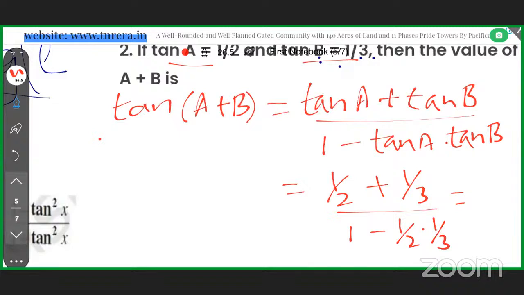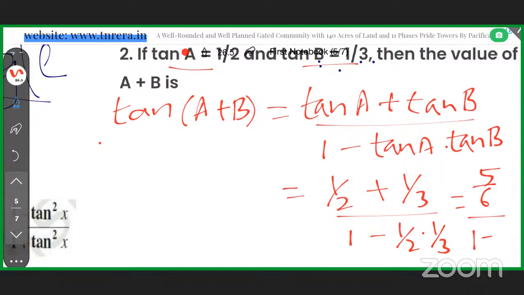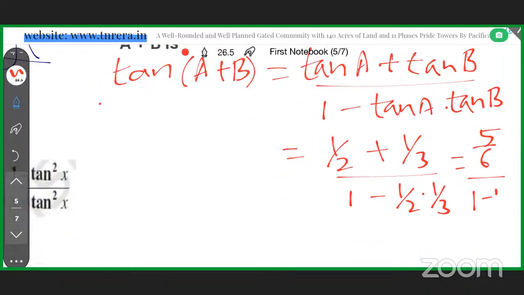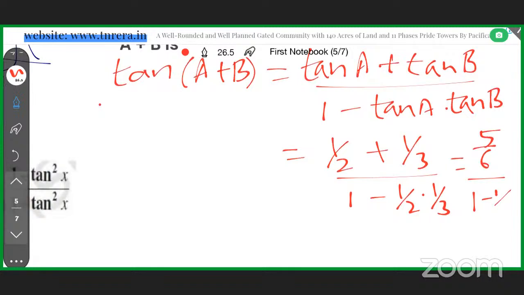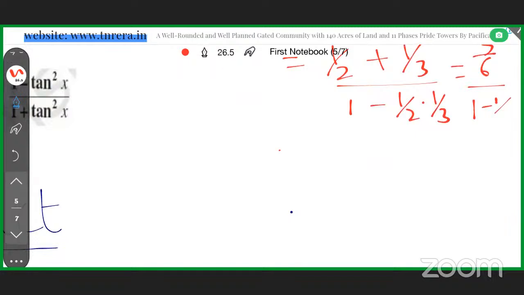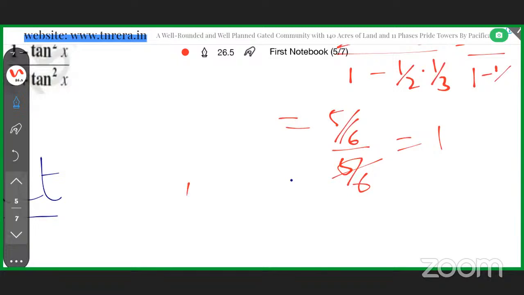Cross multiply, LCM is 6. 3 plus 2 is 5, so the numerator is 5 by 6. The denominator is 1 minus 1 by 6, that is 5 by 6. 5 by 6 divided by 5 by 6 is equal to 1. So on the right-hand side I have got tan of A plus B is equal to 1.